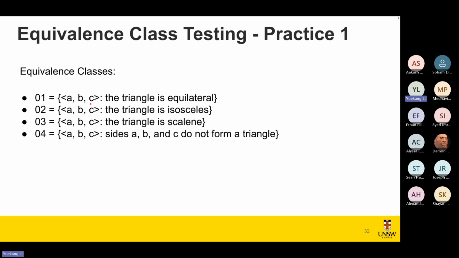Naturally, according to the output of the program, we can have 4 equivalence classes. The first is the set of values for A, B, and C where the triangle is equilateral, and the others are isosceles, scalene, and not a triangle. Let's ignore the 1 to 200 limit this time.